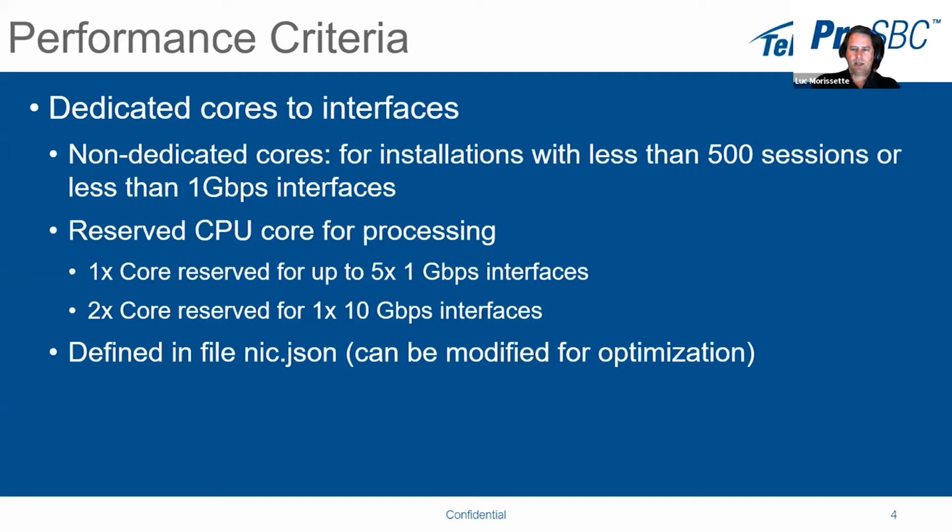So that's why when you look at the CentOS service and you see that the application is using 100%, it is because it is reserving the core for processing the packets, even if it's not running 100% all the time.